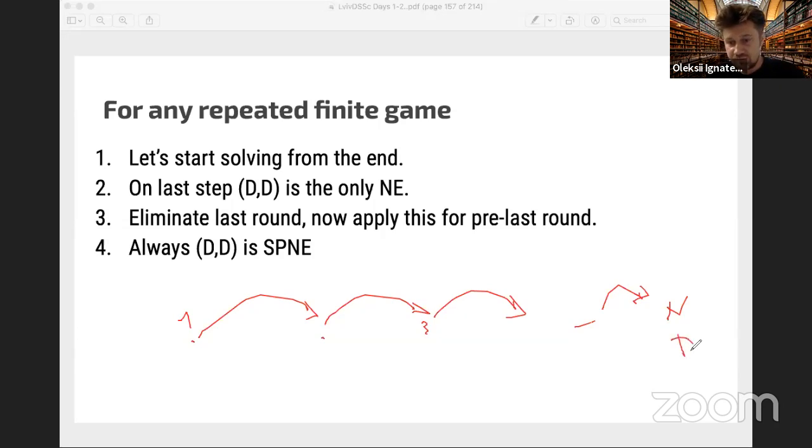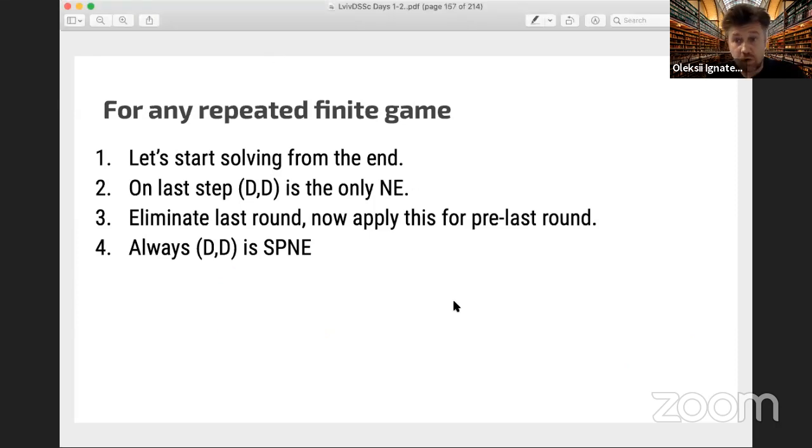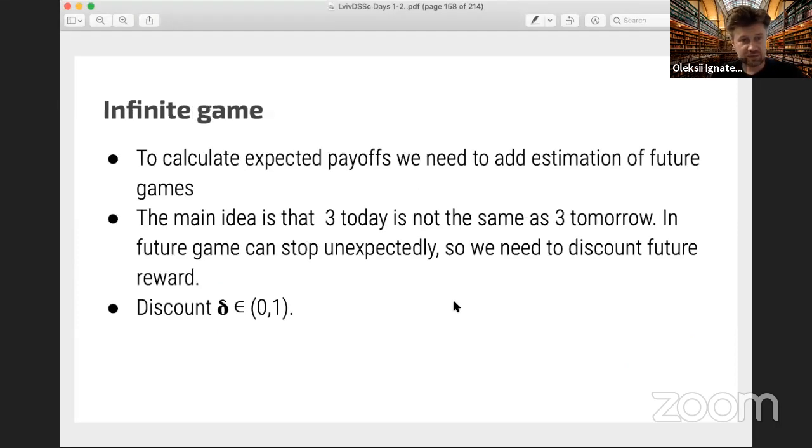So they know that on the last round they will play D. But then we can eliminate the last round, and so on the n-1 round we also will play D. And continuing, we can understand that playing D, defecting on each step, is a subgame perfect Nash equilibrium. But it's not the only equilibrium in this game, so hopefully we can find something else.